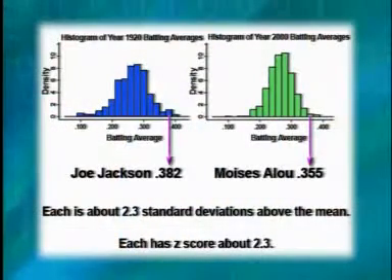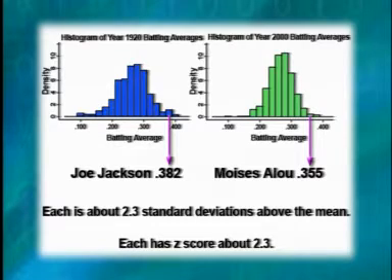And in fact, by doing that, we could give everybody a measure. Instead of saying that Joe Jackson has a batting average of .382, we could say how many standard deviations above the mean of his year, 1920, was his batting average. In his case, it was 2.36 standard deviations above the mean. Moishisa Olu had a batting average of .355.